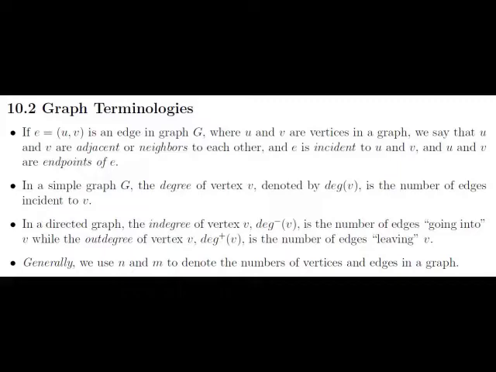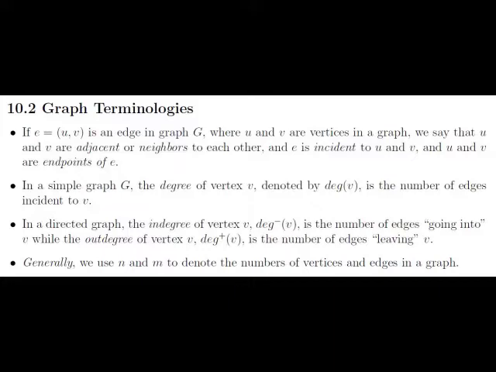So now that we learned about the definitions of what is a graph, what is a vertex, what is an edge, let's learn some more terminologies in graph theory which will be really helpful to describe certain concepts in this chapter. So if e is an edge (u, v), where u and v are vertices in a graph, it can be directed, it can be undirected.